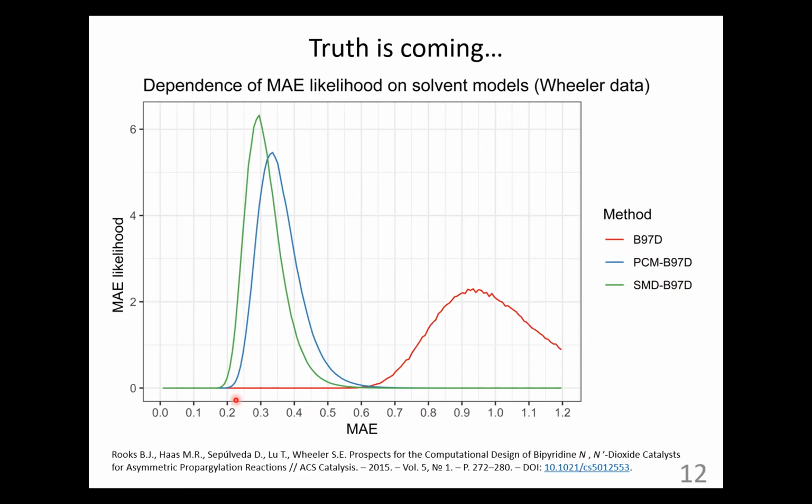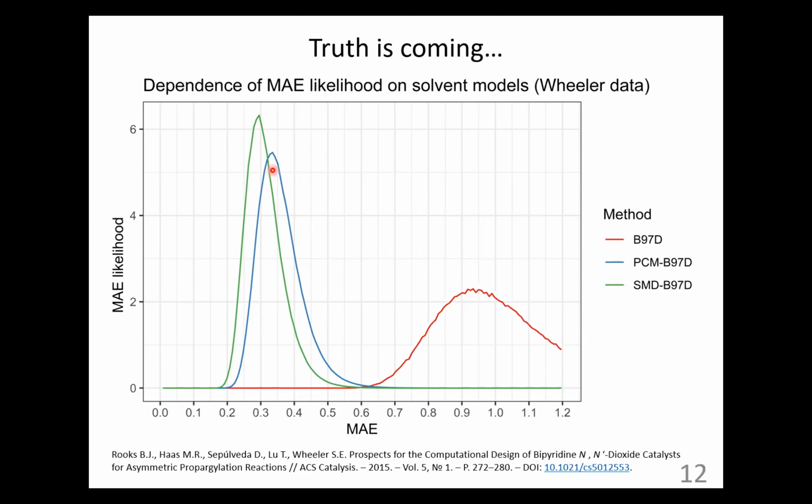So we can say that energies calculated with SMD B97D have the maximum likelihood of having 0.3 kilocalories per mole mean absolute error. And PCM B97D have the maximum likelihood of having 0.35 kilocalories per mole of mean absolute error.